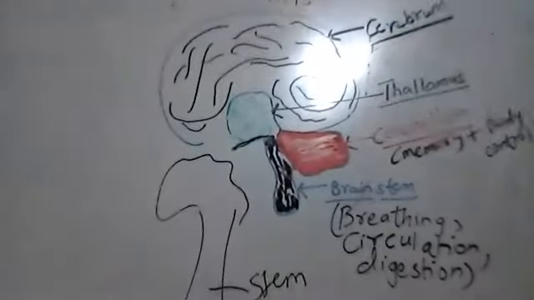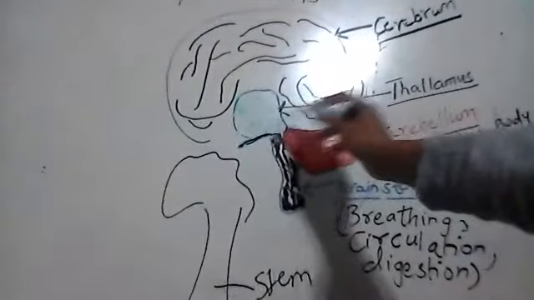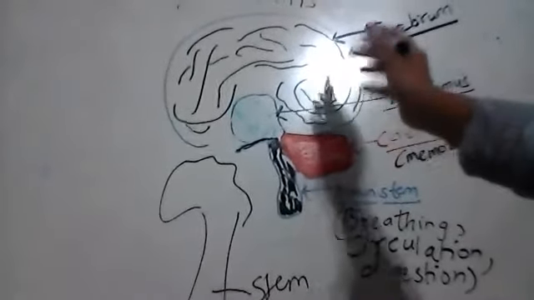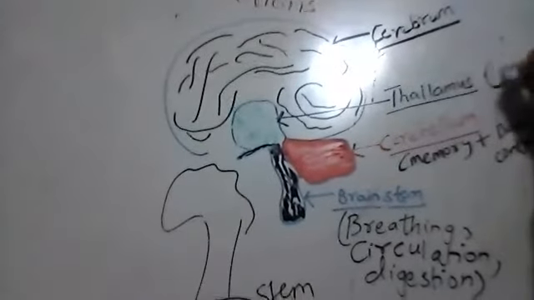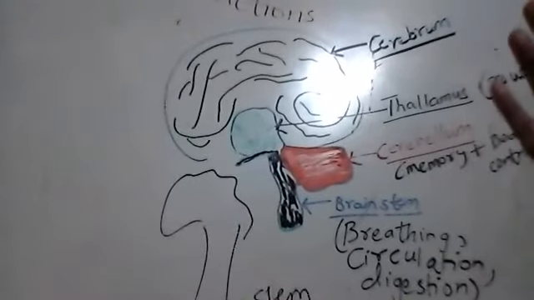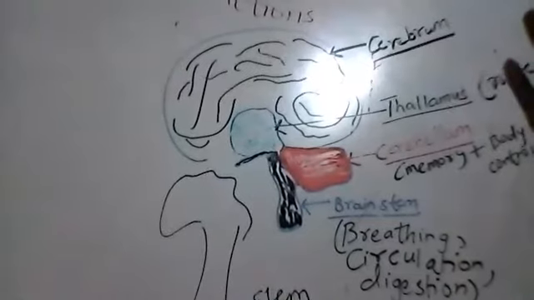Okay, now let's see what is the function of this structure. You can see here the thalamus. Now basically, you can consider the thalamus a router. Okay, so what a router does is it sends the data, information. It sorts the information and sends it to different places.